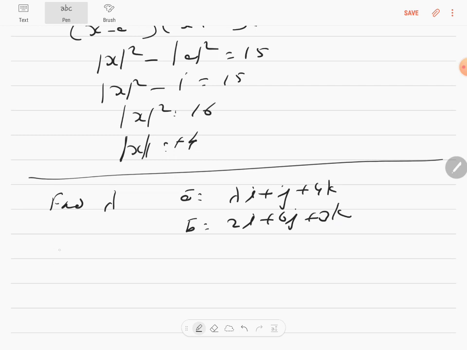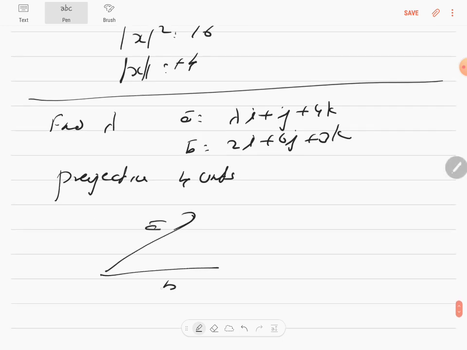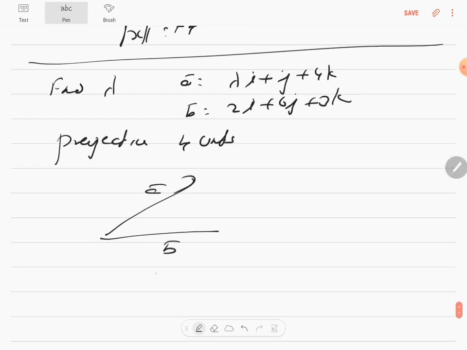So the A vector is getting projected on B vector. You know the formula: that vector which is getting projected, dot B cap. What is A vector? Lambda i plus j plus 4k, dot B cap.